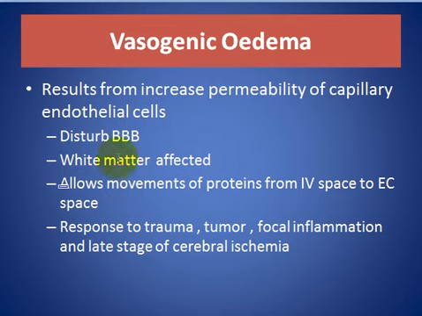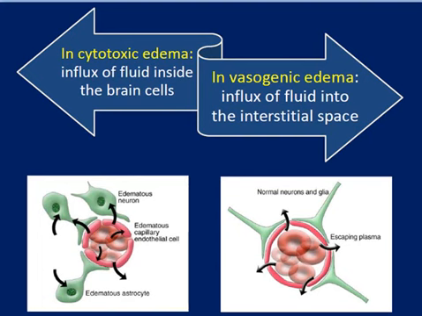The white matter here is affected, and it is seen in trauma, tumor, focal inflammation, and the late stage of cerebral ischemia.